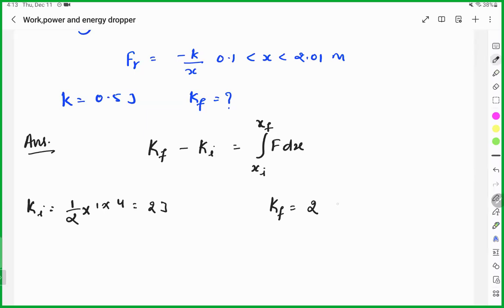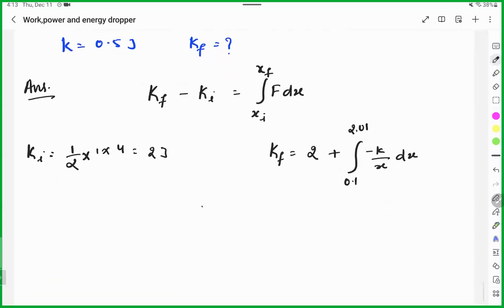No, sir. So final kinetic energy is 2 plus the integration from 0.1 to 2.01 of what was the value? Minus K by X. Right? This was the force value, the resistance force value.